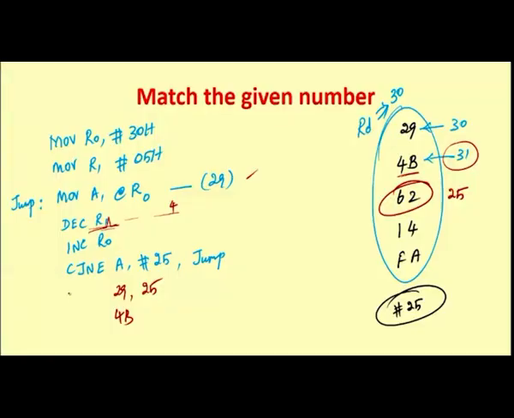Suppose if a match is found, I ask you to display the value 01 in the R3 register. Then you will do MOV R3, #01H. Or you can glow an LED, where only a particular bit position you want to switch on, so you can set a bit of port 2.7 or any bits you can switch on.